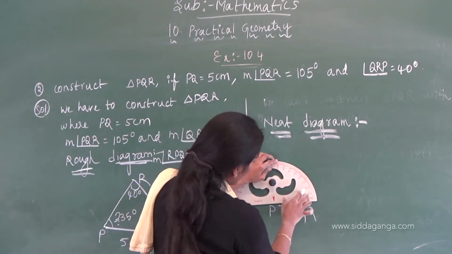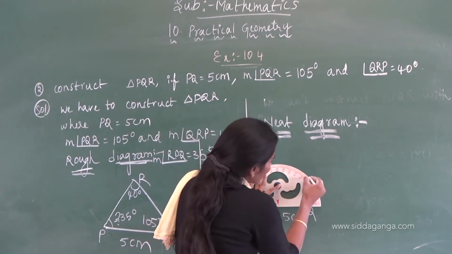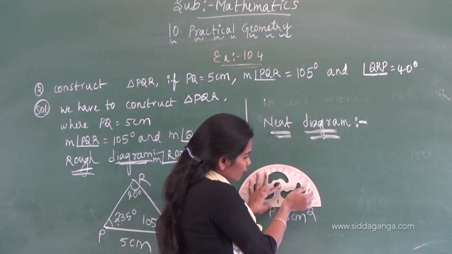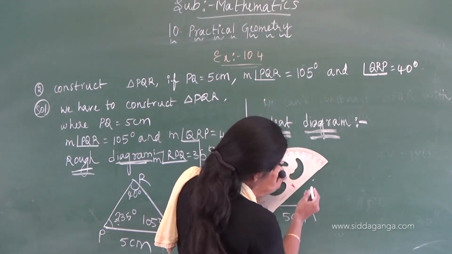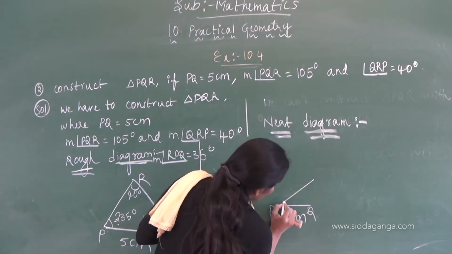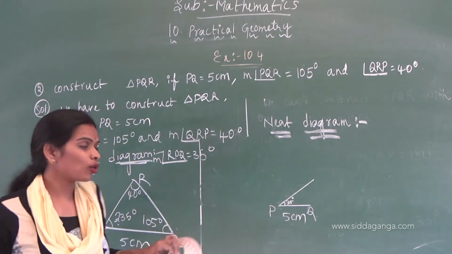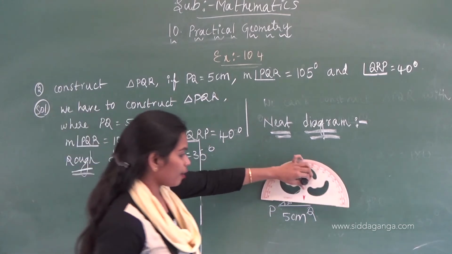From P we have to construct angle RPQ as 35 degrees: 30 here and then 1, 2, 3, 4, 5, so 35. And then through Q, I am constructing an angle of 105.